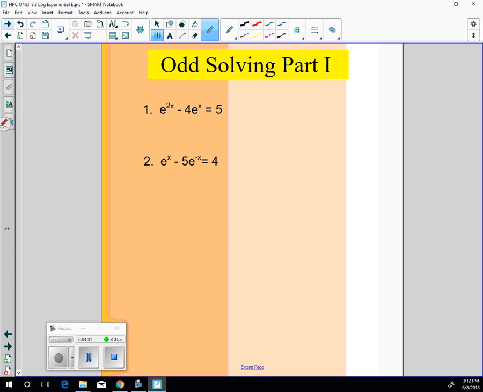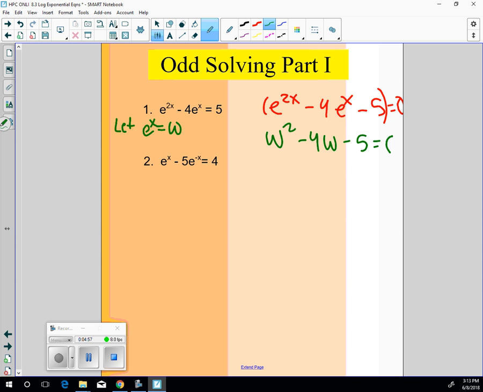Okay. Let's do some additional solving here. e to the 2x minus 4e to the x. So I'm going to write this as e to the 2x minus 4e to the x minus 5. Okay, so let's do a substitution. Let's let e to the x be equal to w. Well, this is w squared minus 4w minus 5.